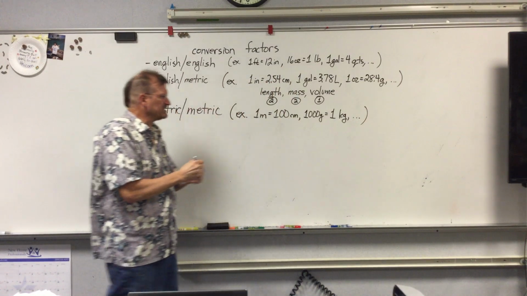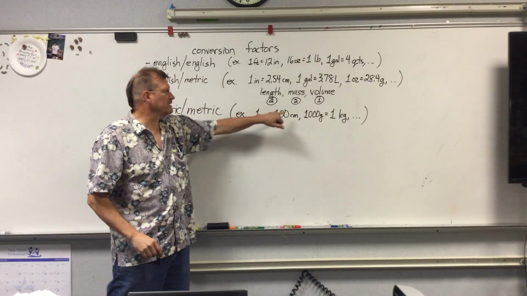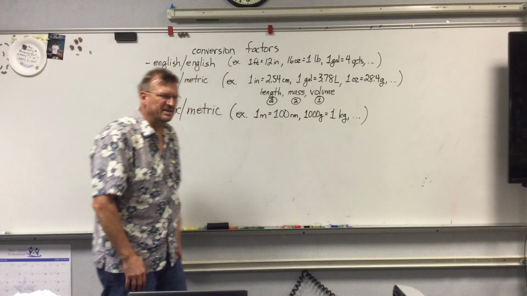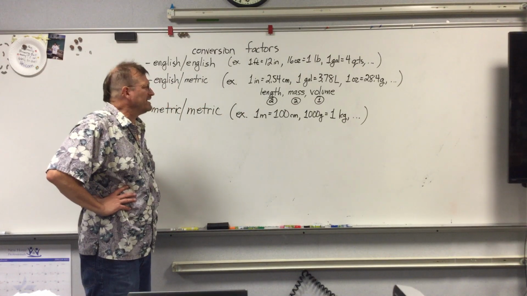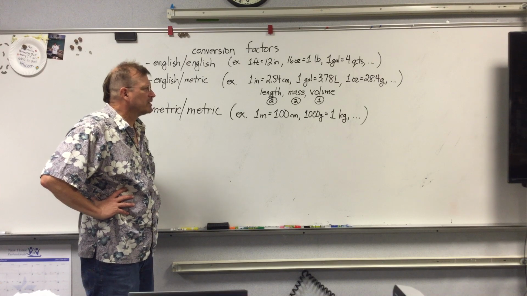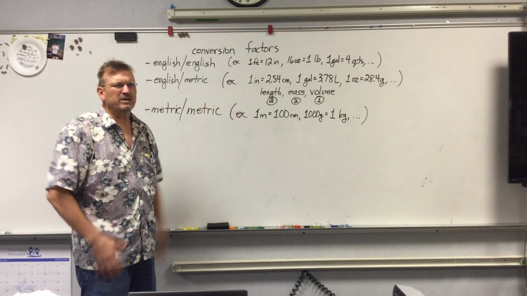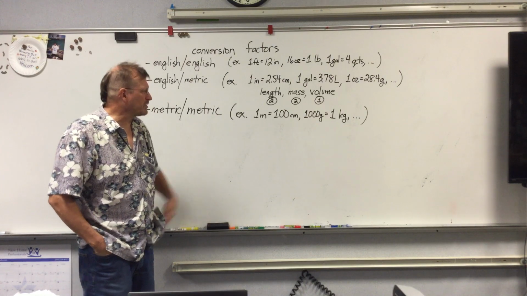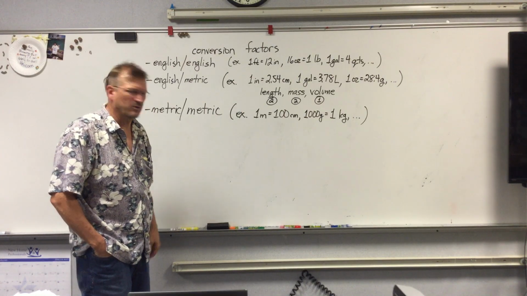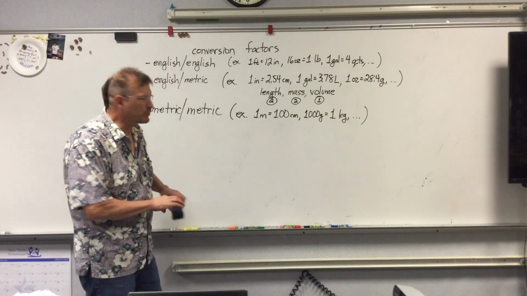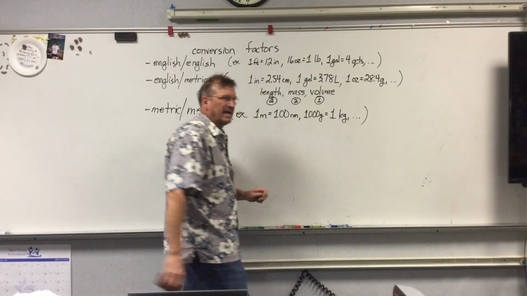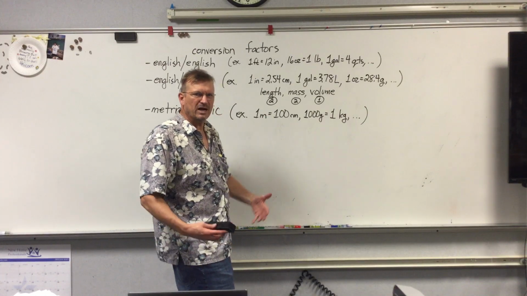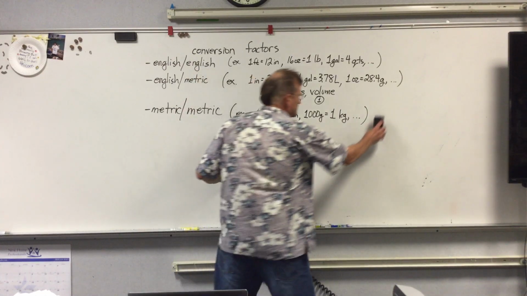So the idea is that you're in a metric unit and you're staying in a metric unit. Now, the thing that I want you to become comfortable with is, what if you are taking two metric units that you're not really comfortable with, or they both have prefixes in front of them? So I am going to walk you through how to deal with that, and then I think the next class I'm going to show you a worksheet where you can practice some of this.